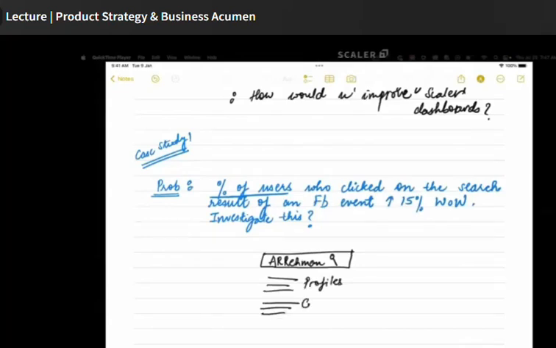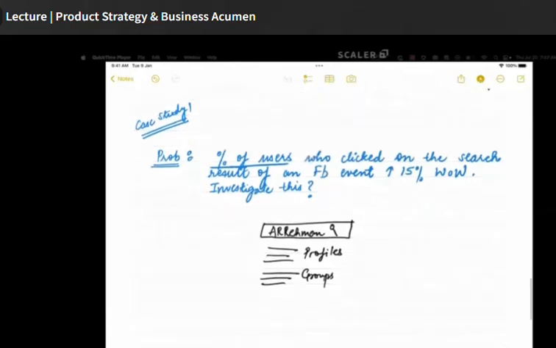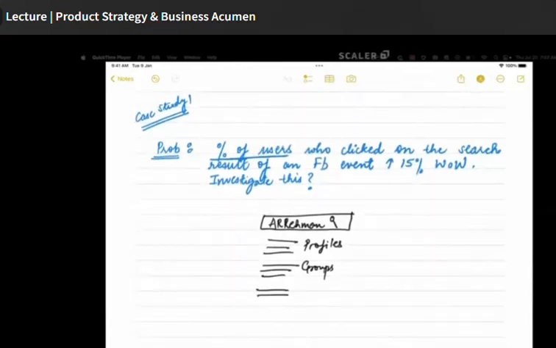Then I'll get some groups created for A.R. Rahman. I might get some pages, some normal pages around this. I might get events happening with A.R. Rahman and so on. So these kinds of things would be there in a result. It could be a few more things, but this is what I analyzed after searching on Facebook.